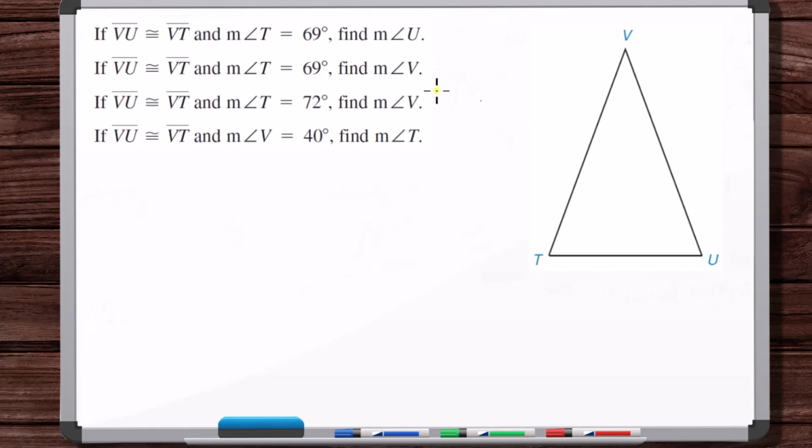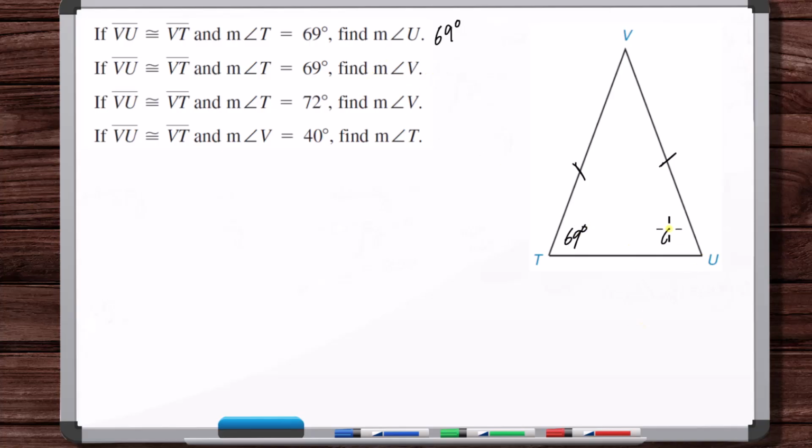All right, for every one of these problems, we'll have VU congruent to VT. For this first question, the measure of angle T is 69 degrees. Find the measure of angle U. Well, that's another base angle, so that's going to be 69 degrees. Again, if the measure of angle T is 69 degrees, what's the measure of angle V?